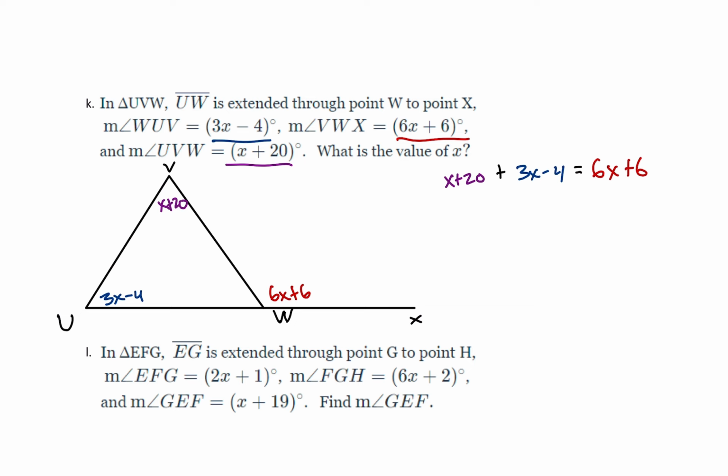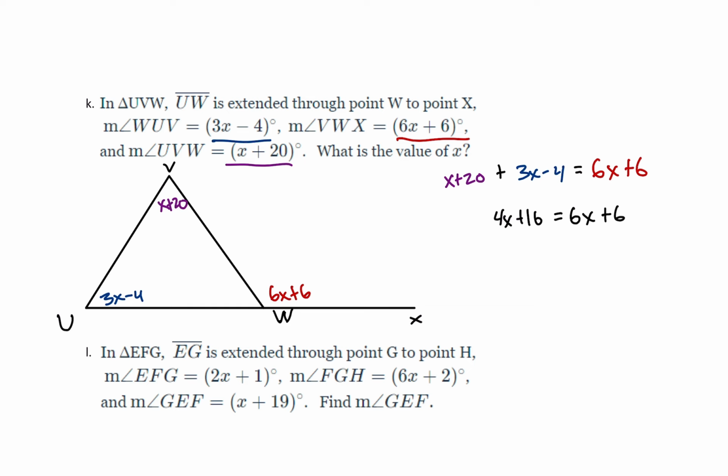Now, if I combine like terms on the left side, I'm going to get x plus 3x, which is going to give me 4x, and 20 minus 4 gives me 16. Still equals 6x plus 6.